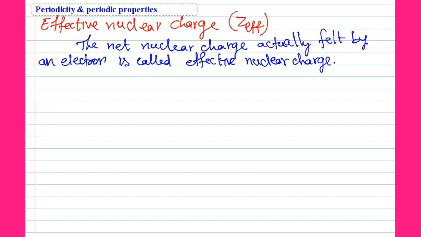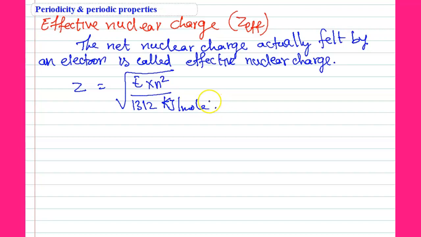Actually, it can be calculated by two methods. The first one is Z effective equal to the square root of E into n squared divided by 1312 kilojoules per mole, where E means ionization energy.